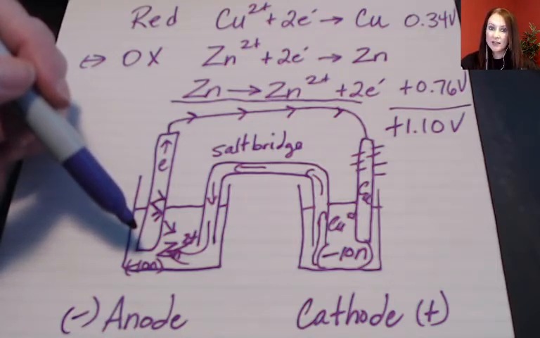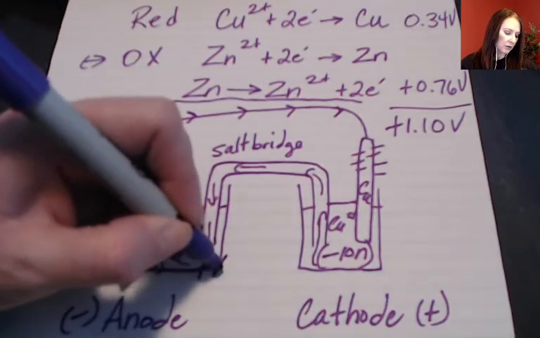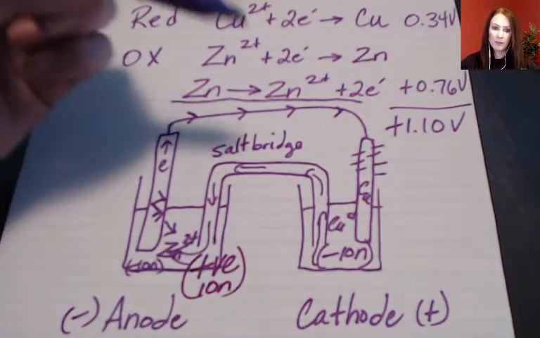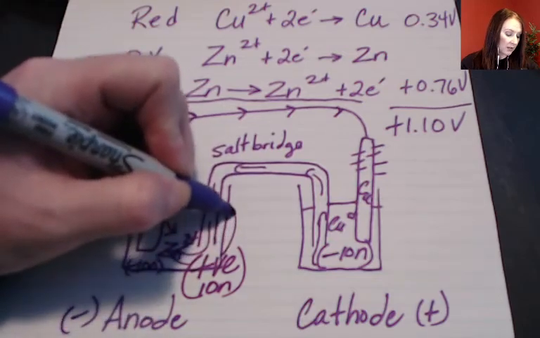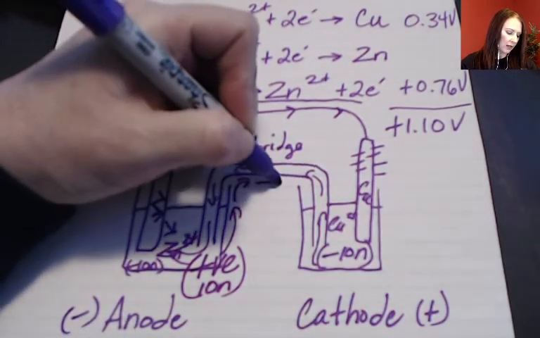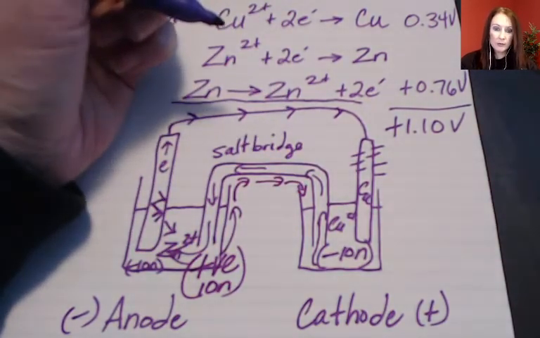When it does that, it forces the positive ions that are in solution the other direction. So I'm going to make this a little bit bigger so we can see it because it gets a bit messy. It forces the positive ions that are in the solution the other direction. Okay, also through the salt bridge, but again, it's a bit messy, so I'm going to draw my arrow just slightly below.